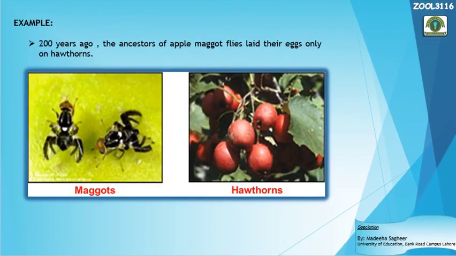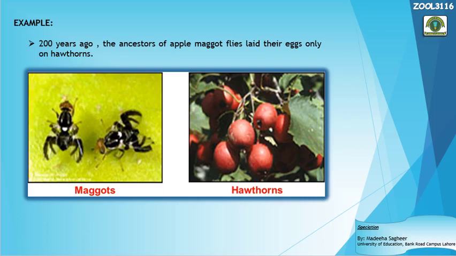Now here is a very common, well-known example of sympatric speciation. With the help of this example, you will understand the concept. Here we have taken the example of the apple maggot flies. About 200 years ago, the ancestors of these flies used to lay their eggs only on a plant known as the hawthorn.